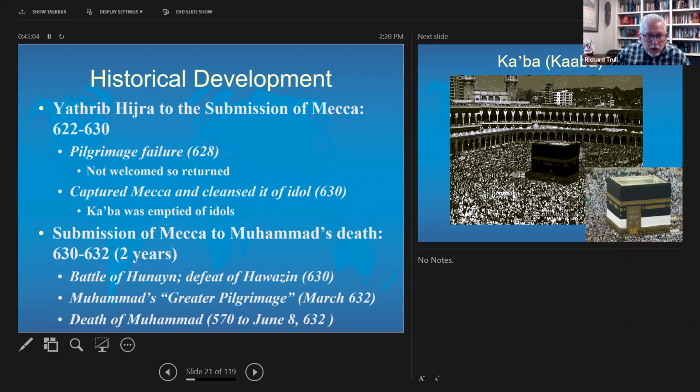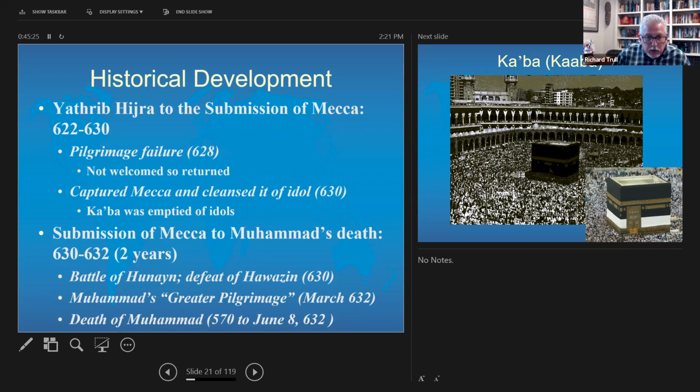His headquarters was still in Medina. So he makes a pilgrimage in March of 632, which is called the Greater Pilgrimage. This becomes the symbol for all the pilgrimages to Mecca that go on even today. And that's not long before his death.